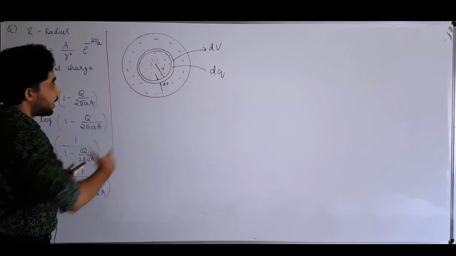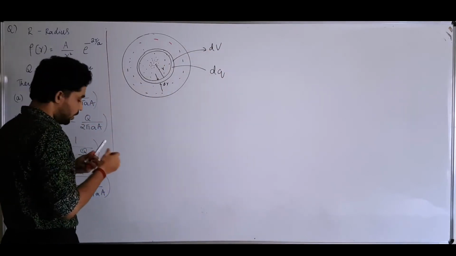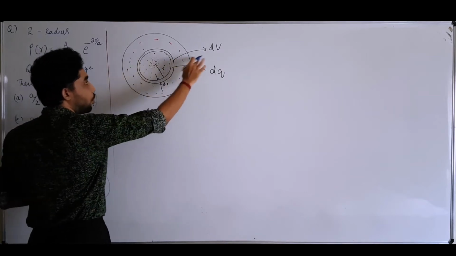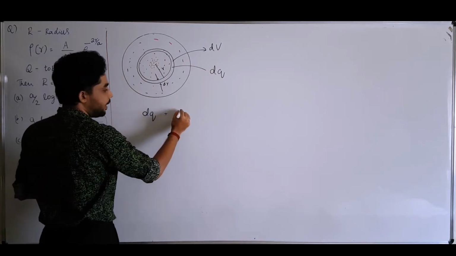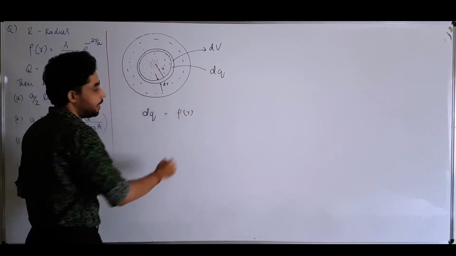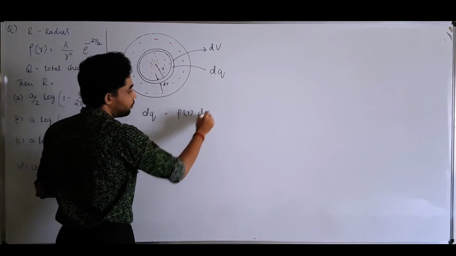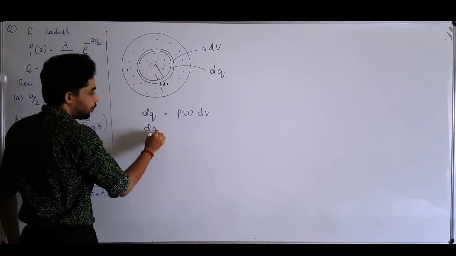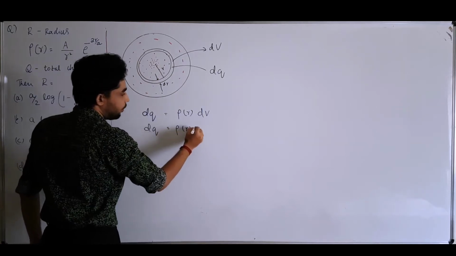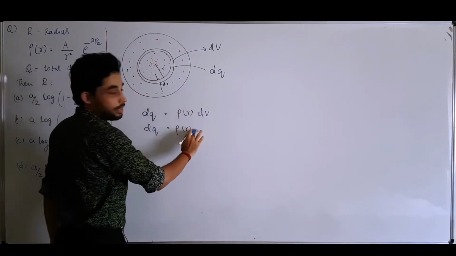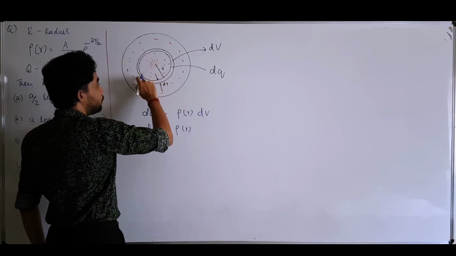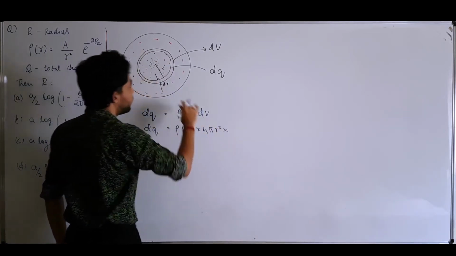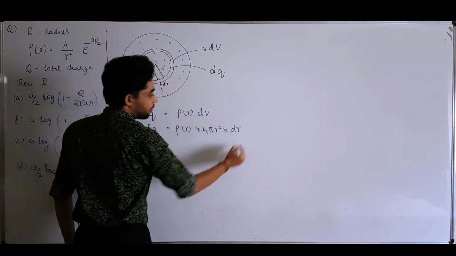Now, the charge present on this shell, that is dq, is the varying density times this small volume. Also, this volume is area into thickness. So the area of this sphere will be 4 pi r square, and the thickness is dr.